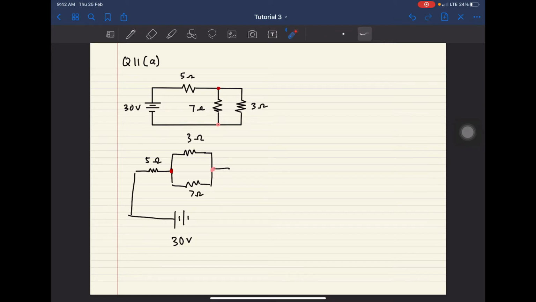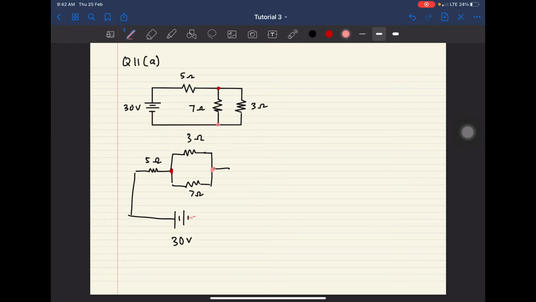Okay, so I repeat: from the red junction, they split up into 2 like this. One goes through the 3, another goes through the 7 ohm, and then they meet up at the pink junction here, and then go out again. Afterwards, it just goes back straight to the negative terminal.